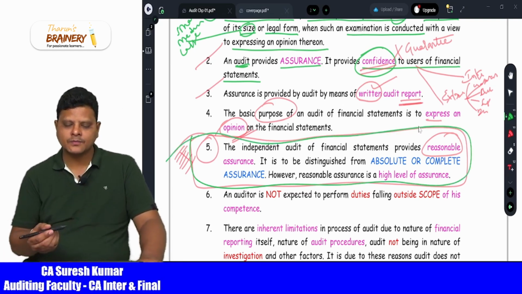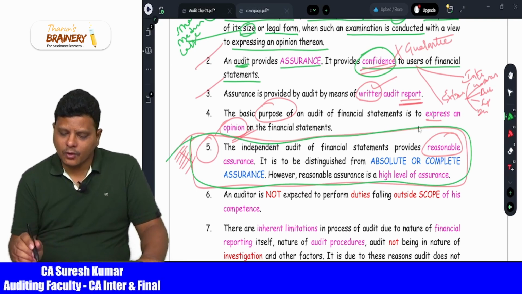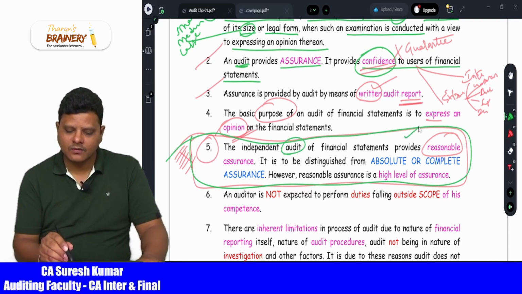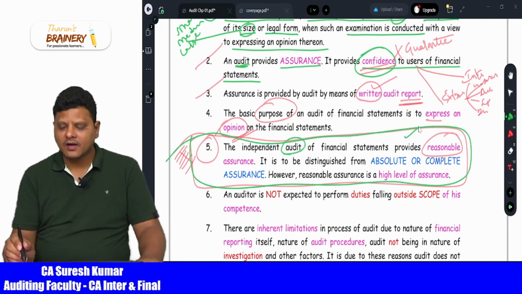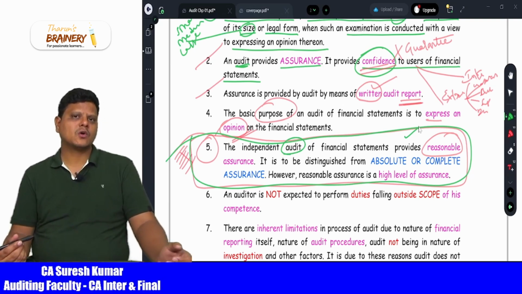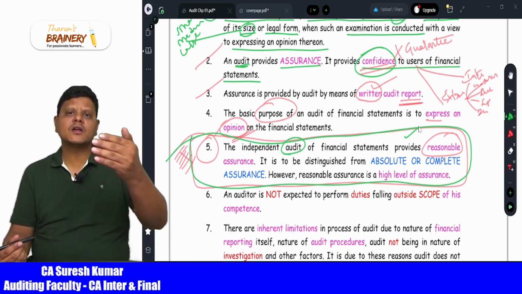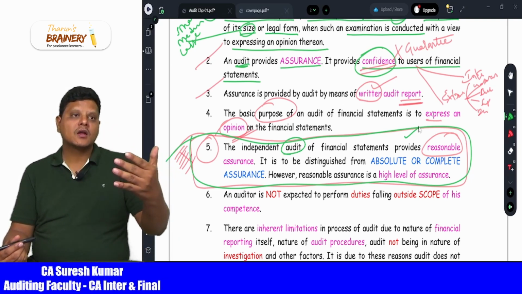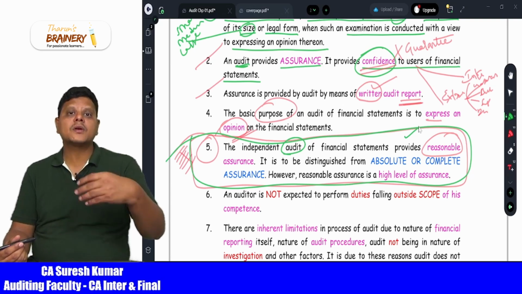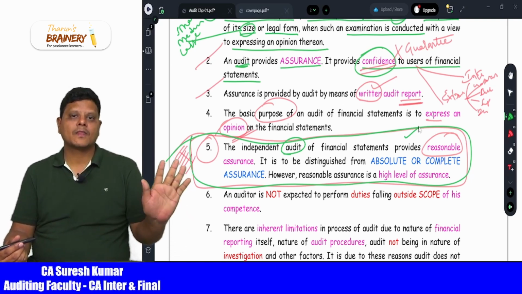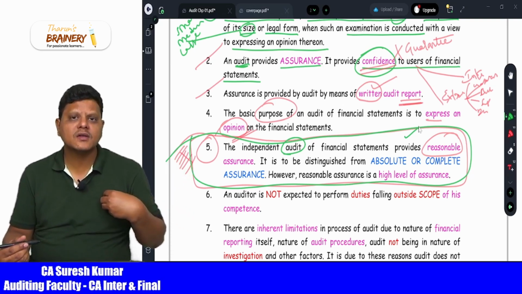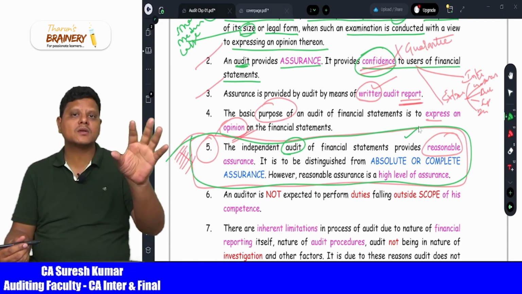Audit provides reasonable assurance. When I am giving confidence to the users, it doesn't mean I have given 100% confidence, 100% assurance.